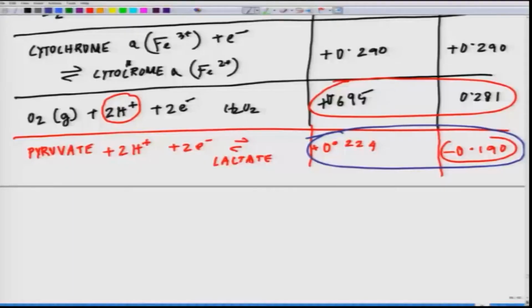So, keep that formal potential in mind, and let me highlight another aspect here. So, one way to measure E0 prime is to establish the half cell in which the formal concentrations of oxidized and reduced species are equal and the pH is adjusted to 7. So, keep this in mind.